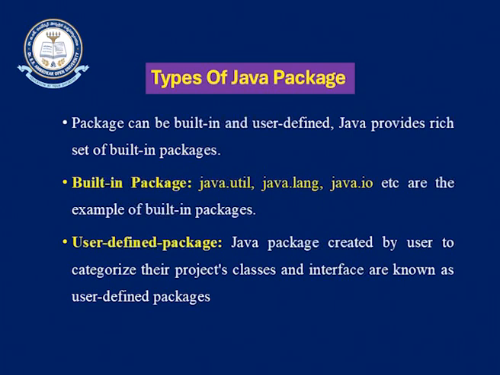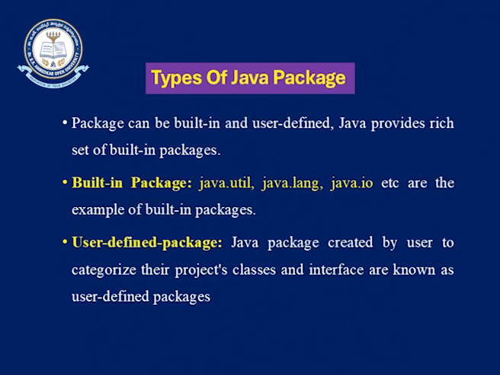These packages are already developed by the developers. They are available in your system whenever you download and install the Java software. Along with the software, those packages are available in your system.